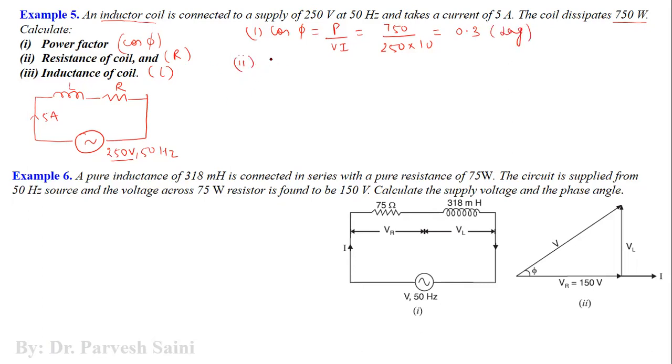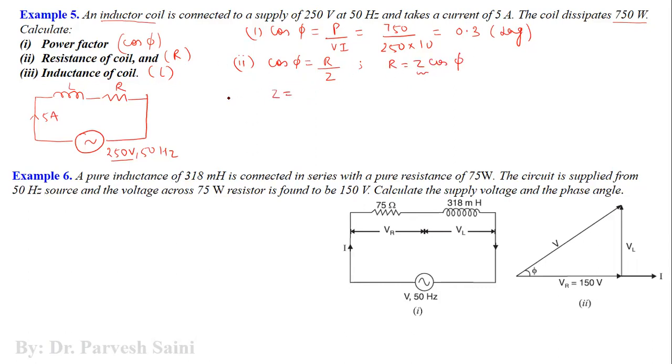Then we have the resistance. We also know that cos phi is also given by R upon Z, right? So from here we can find out R, which is Z cos phi. But for that we need Z, and Z is basically given by Ohm's law.